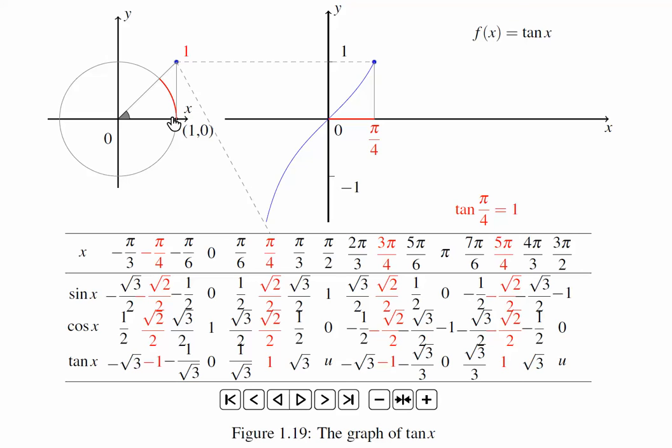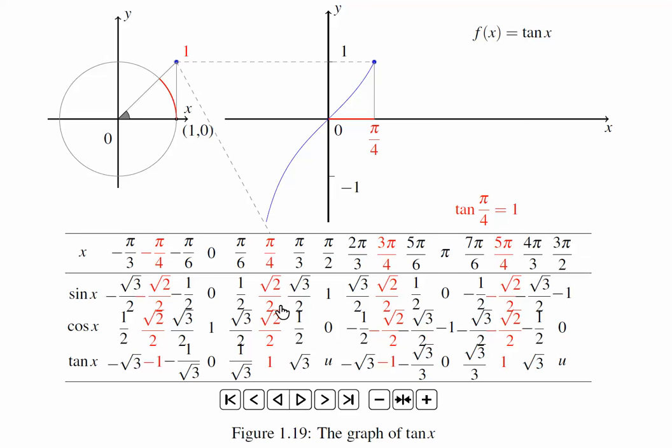So then when x is pi over 4, or 45 degrees, you have radical 2 over 2 for sine, divided by radical 2 over 2 for cosine. Sine over cosine, they have the same value.